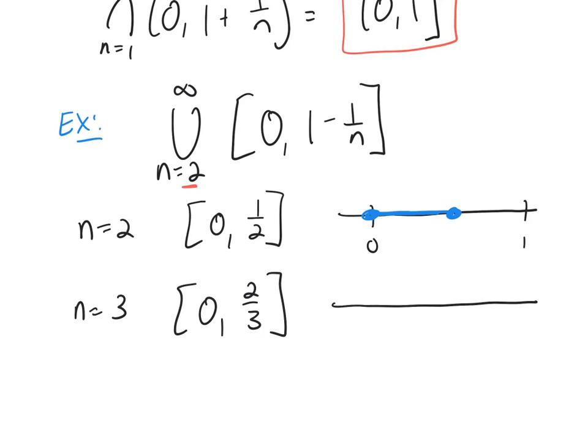Again, make sure you line up your pictures with each other. So 2/3 is somewhere over here. So filled in circles because those are both included. And then everything between them.